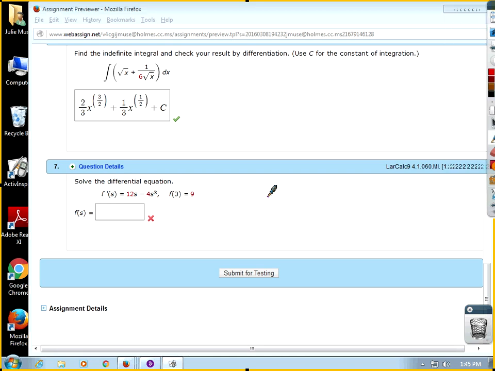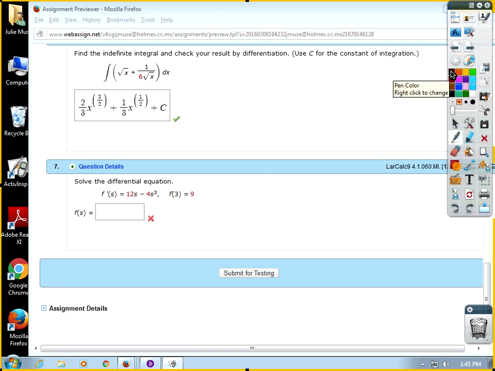All right, so our last problem is a differential equation that also gives us an initial condition, f of 3 is equal to 9. If you noticed when you were going through the notes for this section, when they give you a function value like that, then you can actually solve for the constant.